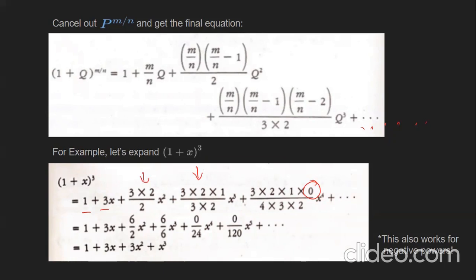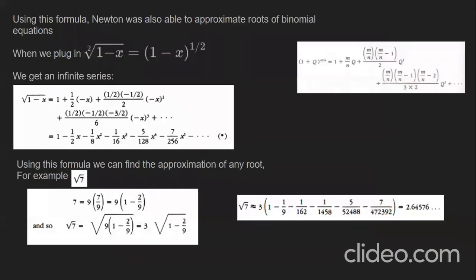This also works for negative powers and the fraction ones. This is important, what he did here. I almost skipped over it because it kind of looked like background noise, but it's pretty important for how he approximated pi.